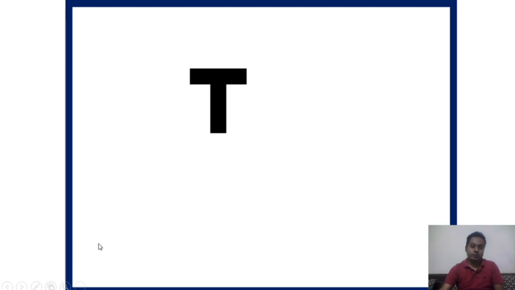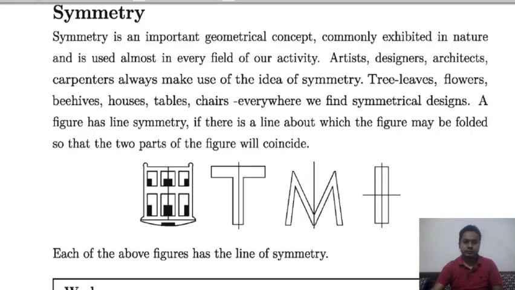Now we want the definition of symmetry from our textbooks. Symmetry is an important geometrical concept commonly exhibited in nature and is used in almost every field of our activity.